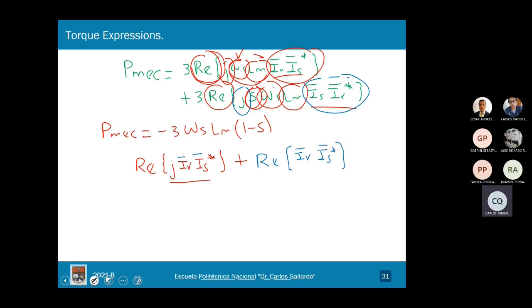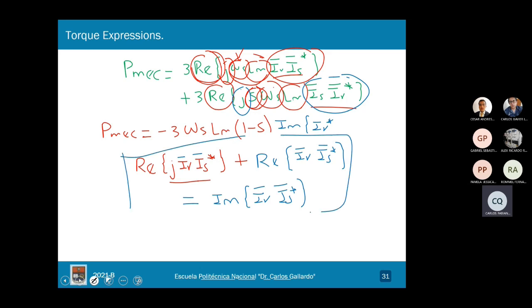This is an identity, equal to the imaginary part of the rotor current times the conjugate of the stator current. Therefore, using this identity, I will have the imaginary part of the rotor current times the stator current.